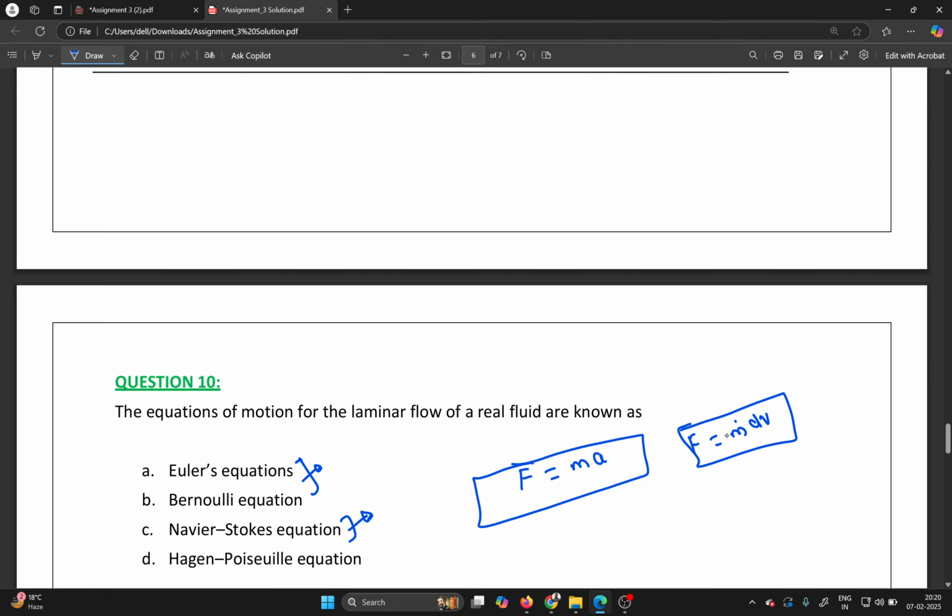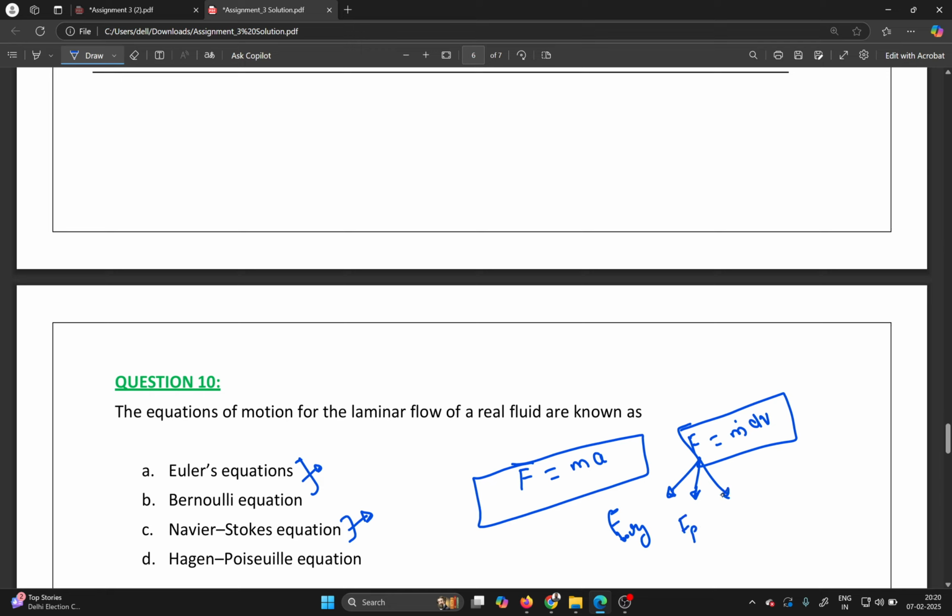For calculating the force in the case of a real fluid, you need to consider all the forces. What forces? Force due to body force, that is the weight of your fluid. Another important force is pressure force.